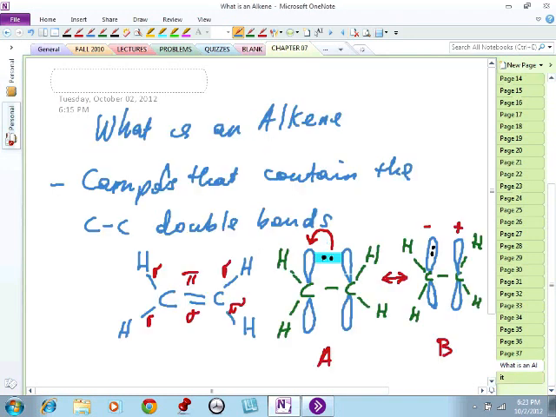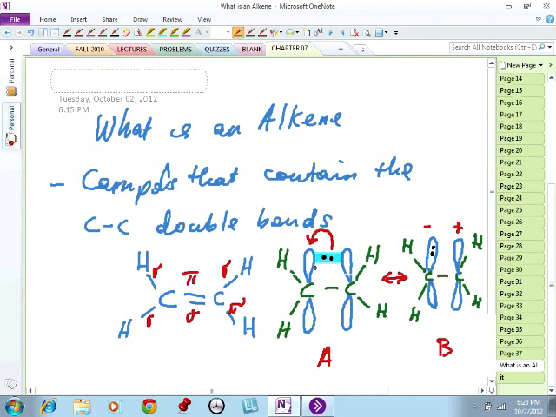It will also be focusing on the fact that the pi bond is not as strong as the sigma bond. So we are able to perform a lot of chemistry using the pi electron. As we move along during the course of this chapter, you will see some of that.